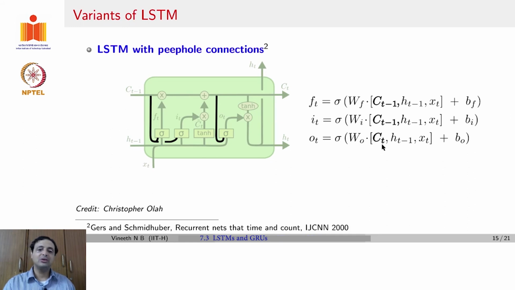So you're allowing your gates to peep into the cell state and then decide which dimension you should cut down or which dimension you should let through. That's why these are known as LSTMs with peephole connections.